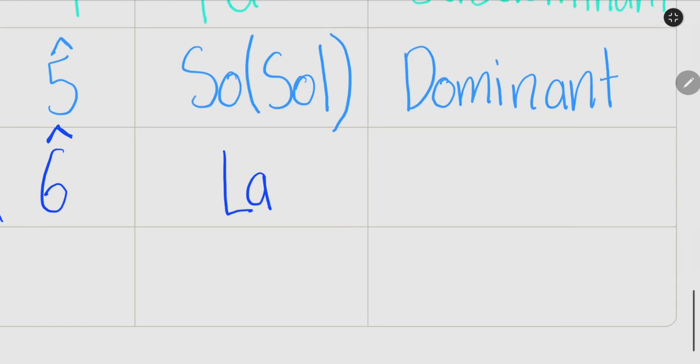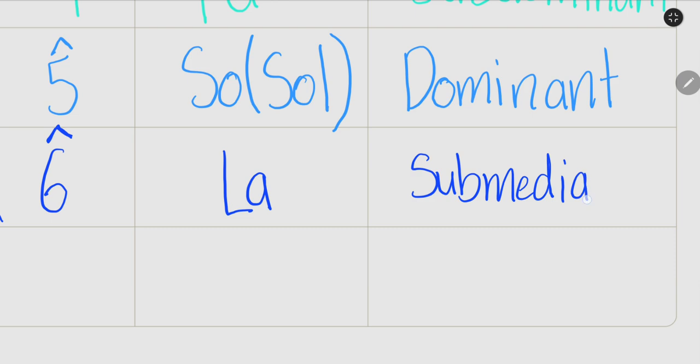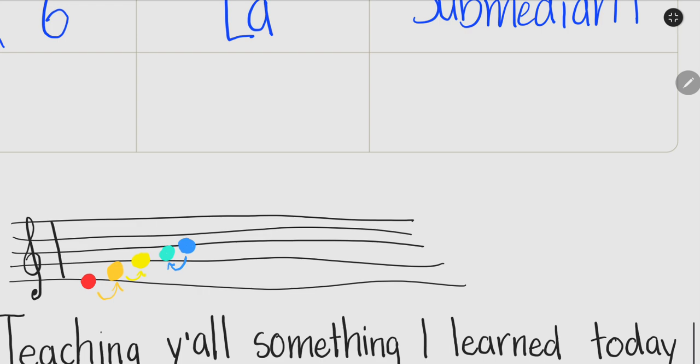And this one's called the submediant. And I guess the reason why it's called submediant is because it's between like the dominant and the tonic.